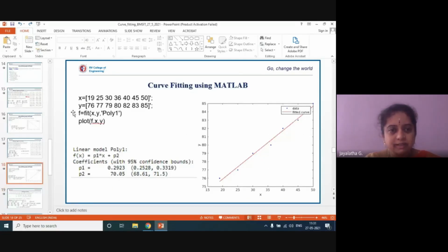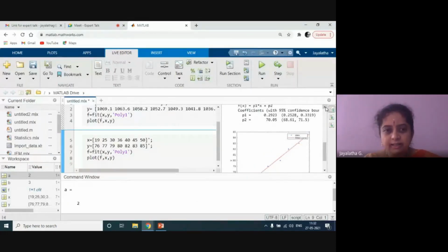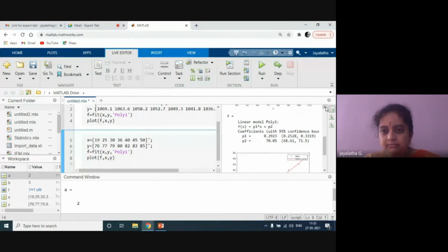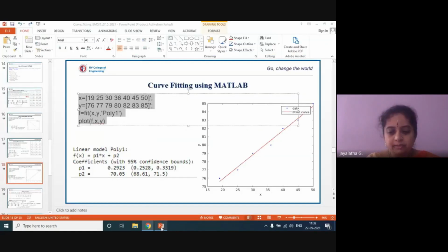So these are the answers. We'll just see in the Matlab window. Can you see? Earlier it was a decreasing curve. Now it's an increasing curve. And here you have the values, hope we have got back the same values.